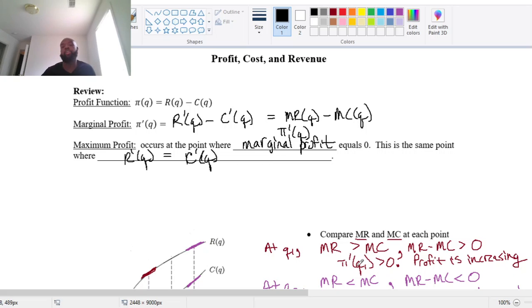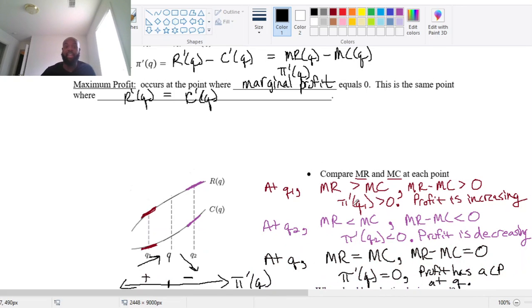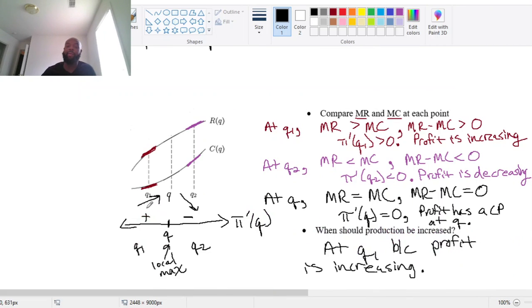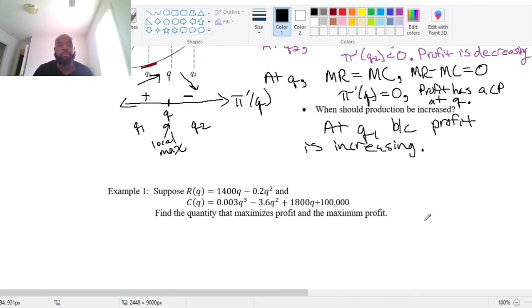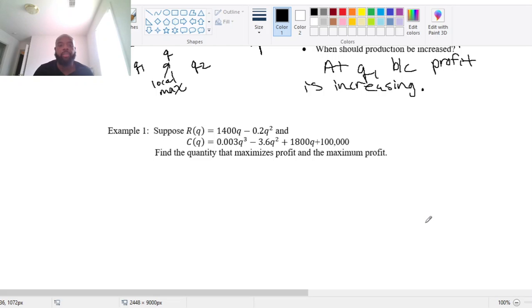All right, it's always going to occur that way. Now we need the extra information that the derivative of the profit function changes from positive to negative also at that point. That comes from our first derivative test. And so let's put this information together. That was more conceptual. Let's look at this with an actual example.